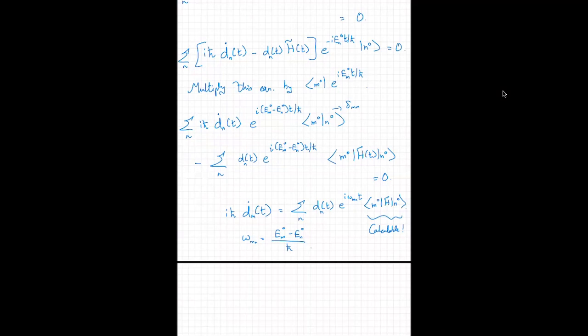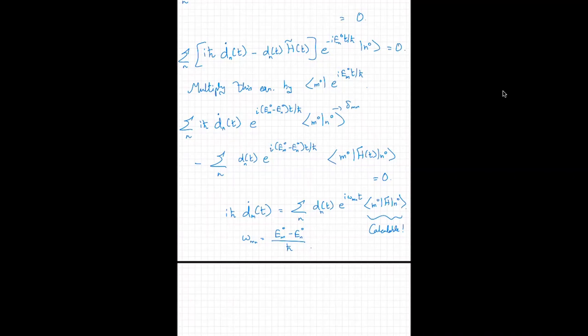But that is not true, because the right hand side also is a linear combination of the d's. So tomorrow I will set up this as a perturbation theory by claiming that I can write this d as a perturbation in some small parameter, which I will simply call H tilde. Now the right hand side is already first order because there is manifestly an H tilde. So I will solve it order by order, and I will tell you exactly how to treat this as a perturbation and solve for d order by order in perturbation theory.